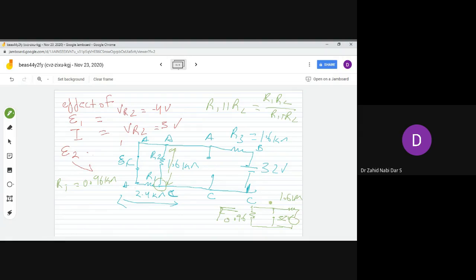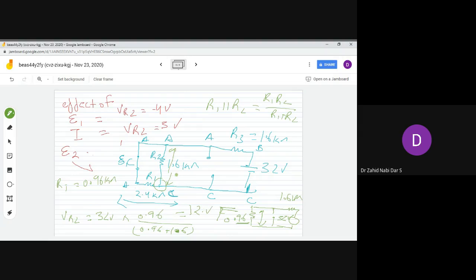You want the voltage VR2 across this. So again you apply the series voltage divider at this point. Your VR2 would be equal to 32 volt into 0.96 divided by 0.96 plus 1.6. If you calculate this total value, you will get around 12 volts.